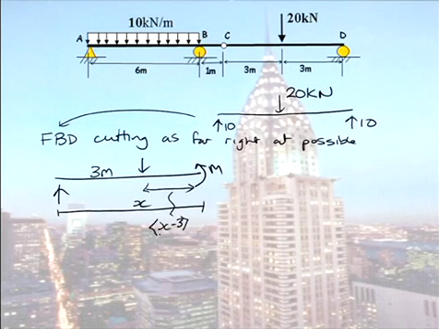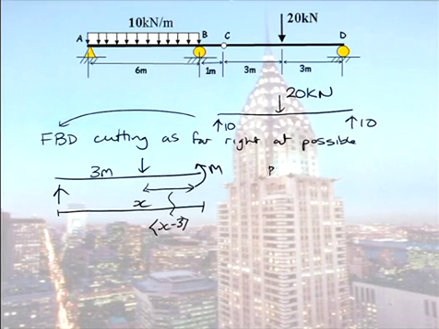Now people say, but what about that reaction at D? We can include it, and I'll show it to you, but it makes no difference. So before we proceed, what are our boundary conditions now? At D, can you see we have no displacement?